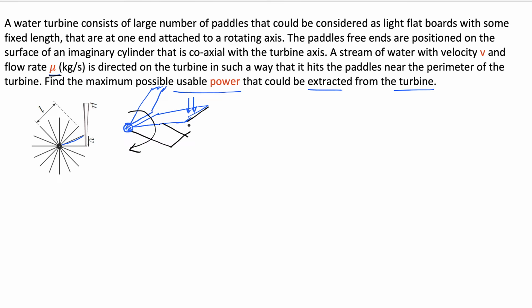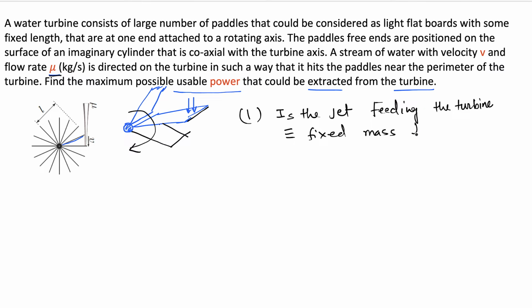Now here there are two major things to consider. Okay. So the one part is the jet feeding the turbine, which means throwing the water at the turbine using a fixed mass flow supply, okay.